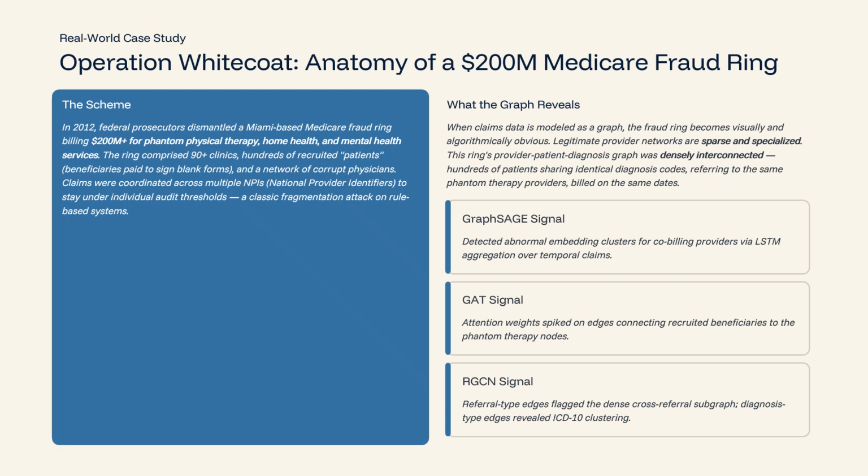RGCN flagged the dense cross-referral subgraphs through its referral edge matrix and separately flagged ICD-10 clustering through its diagnosis edge matrix. Three architectures, three different angles on the same ring. This is why the cascade matters. Each model sees what the others partially miss.